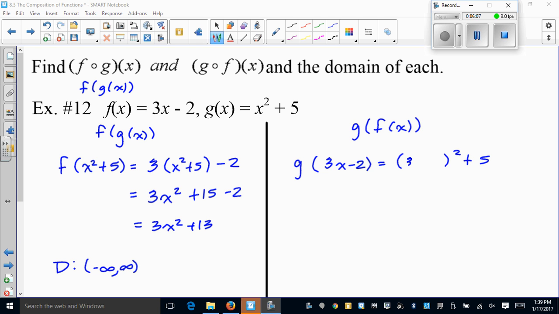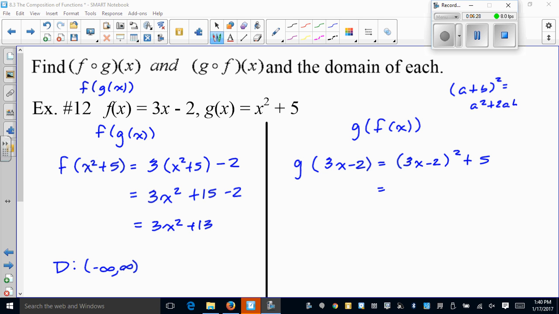and distribute. Well, remember we did this one just a few days ago. 3x minus 2 squared. So we have a plus b squared is going to be a squared plus 2ab plus b squared.